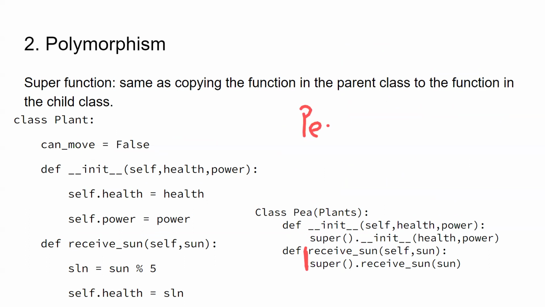When I do P, an instance of this P class, dot receive some, then I get 30. It will first go into this class to look for the function receive some, and it sees, oh, it's called super, and the functionality of super is here.